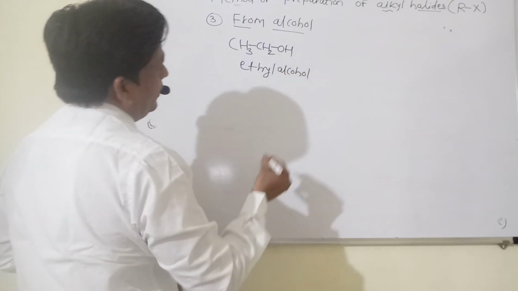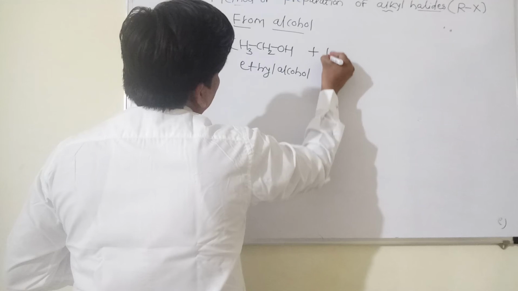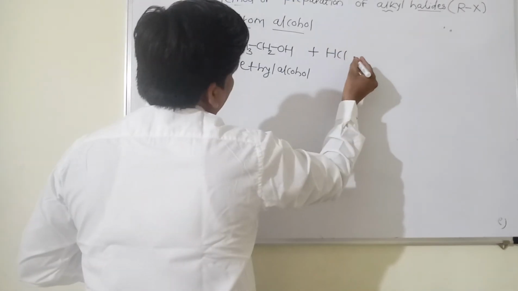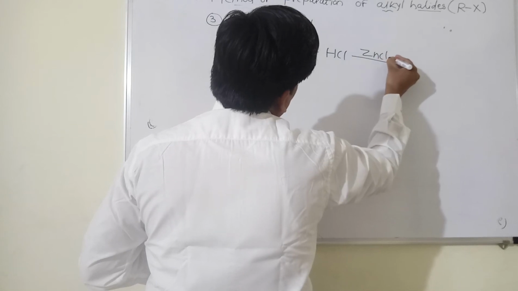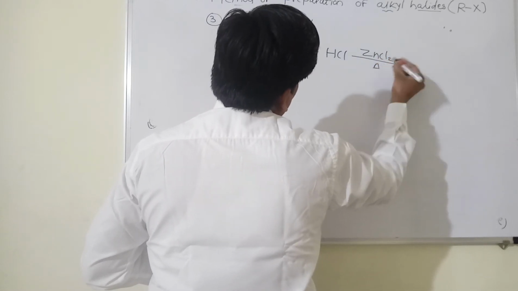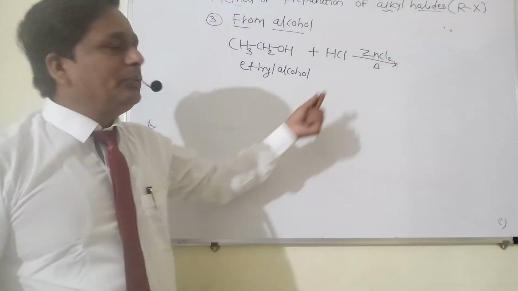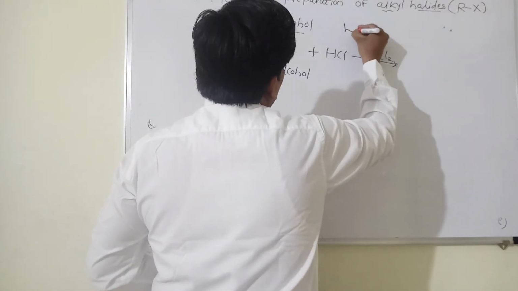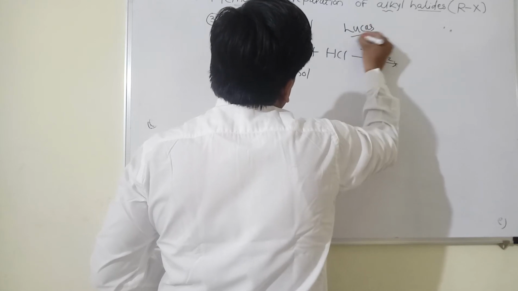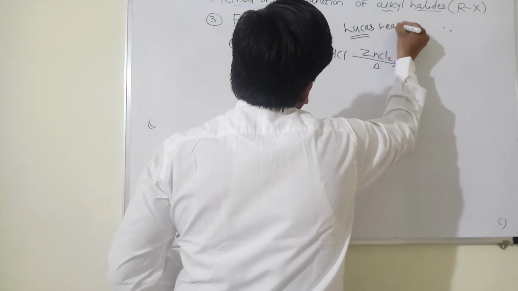This reaction is carried out in the presence of HCl. We can heat in the presence of ZnCl2, zinc chloride. This particular reagent, HCl and ZnCl2, is called the Lucas reagent. You can remember this, the Lucas reagent.